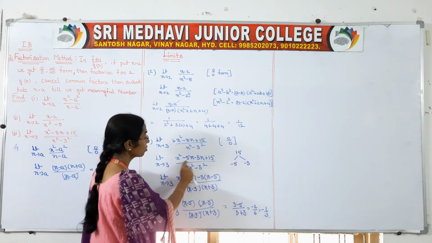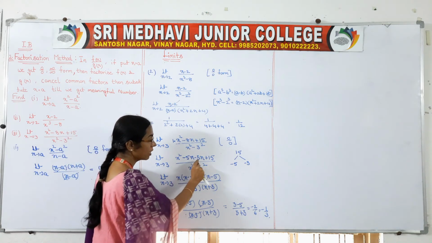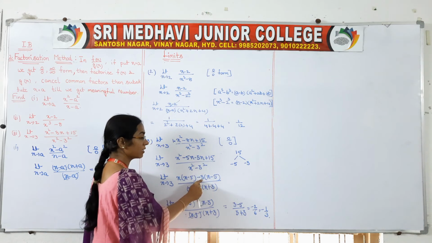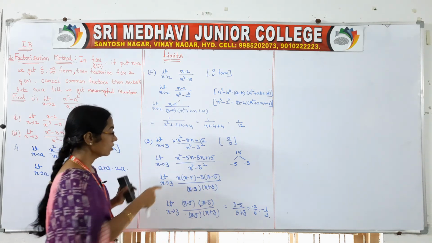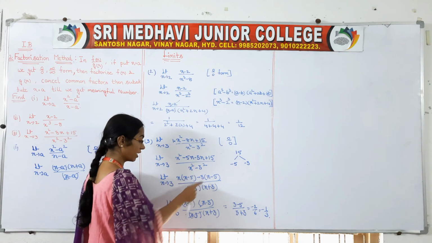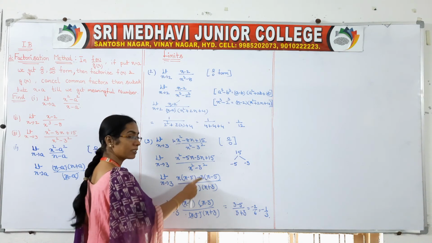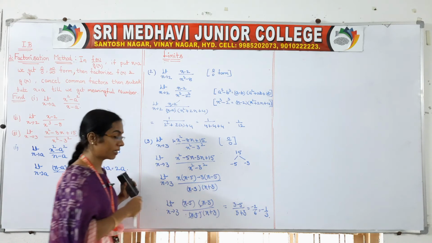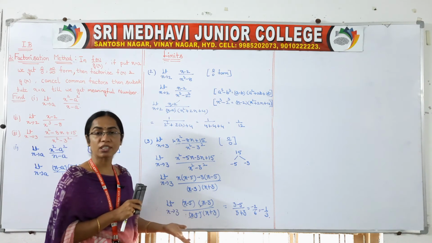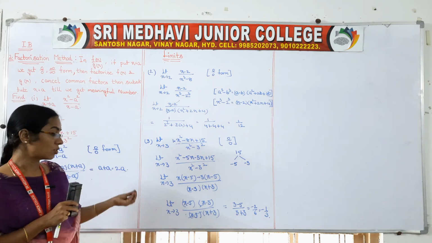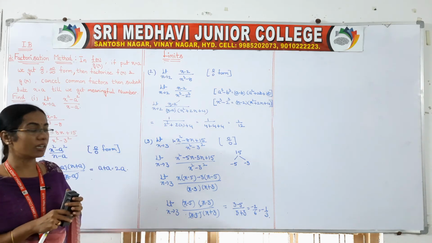From the first two terms you can take x common, and from the last two you can take minus 3 common, so that again we get x minus 5. In this, x minus 5 is common, and the remaining is x minus 3. So both will get cancelled. After this no further simplification is possible, so then you substitute your limit value.